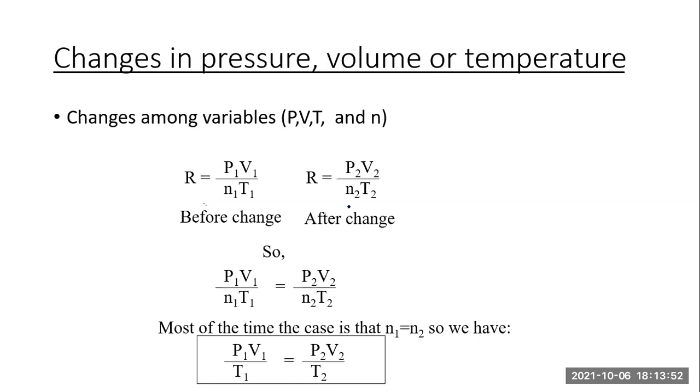So if we take the ideal gas law, which is what is done here, and solve for R, because R is a constant, you can set each of these sides equal to each other. And in most cases, the moles of the gas don't really change. The only way the moles of the gas would change is if you open up the lid and let the gas out. So most of the time, if it's in a container and it's a gas, you usually don't open up the lid or anything like that. So the moles usually remain constant.